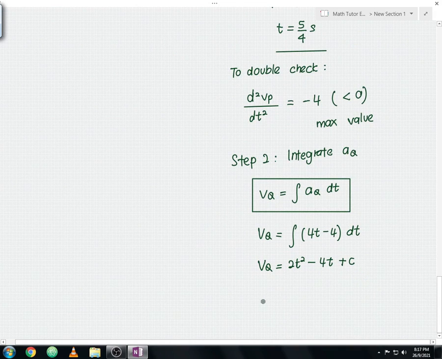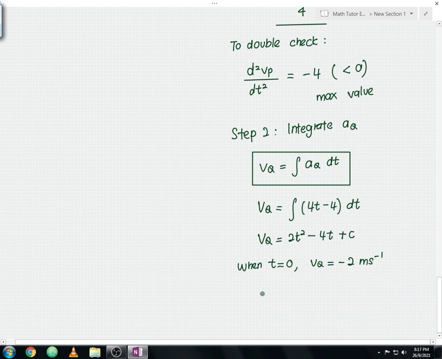Let me write in the working here. When t is equals to 0, your velocity Q is equals to -2 meter per second. So you substitute this value into the equation here. -2 equals to 2 times 0 square minus 4 times 0 plus c.